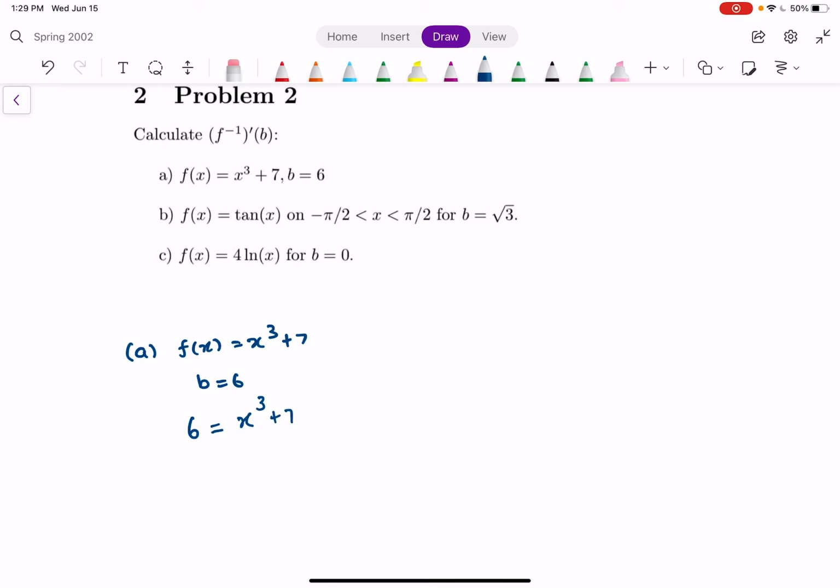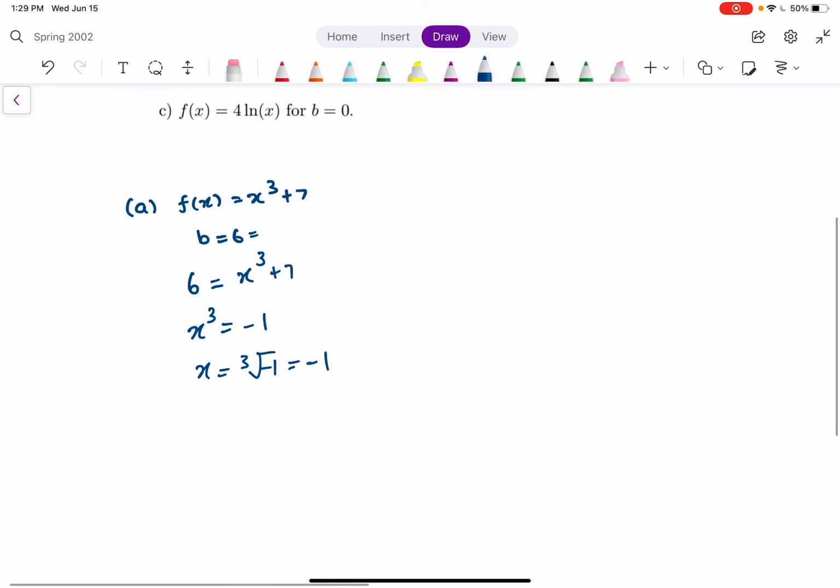So essentially, b equals f of x. Now we're going to solve this. So x cubed equals 6 minus 7, which is -1, and then x equals the cube root of -1, which equals -1. So x equals -1.